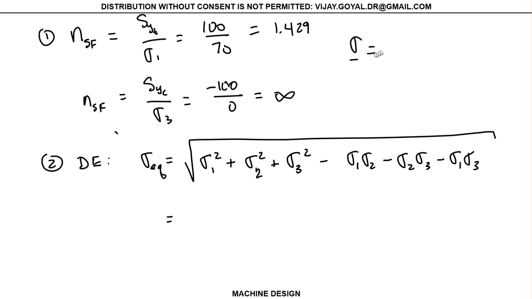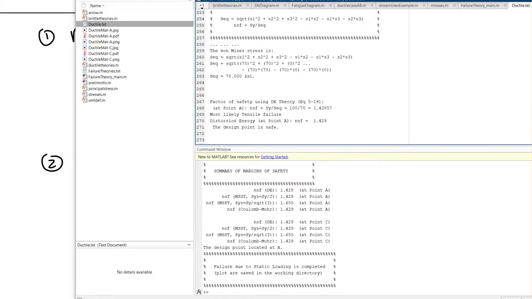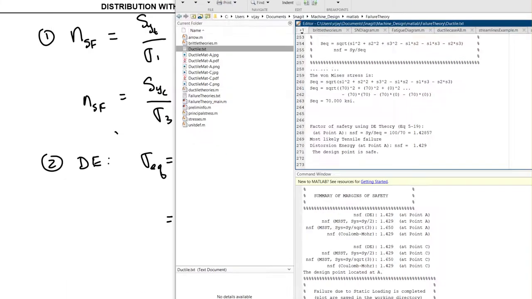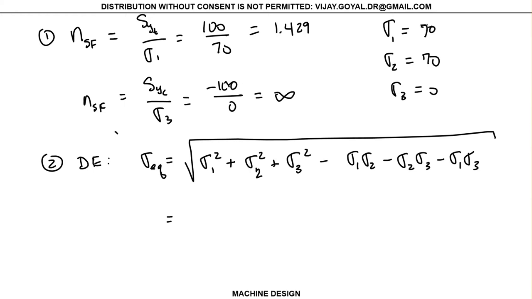If we evaluate all the values in here, in our problem, your state of stress, remember your principal stresses were sigma 1 is equal to 70, sigma 2 is equal to 70, and sigma 3 is equal to 0. So if you plug in all the values in here, you can see that your MATLAB code actually does it for you. It evaluates everything for you and tells you this is equal to 70.